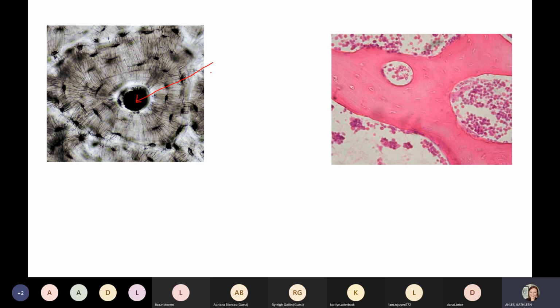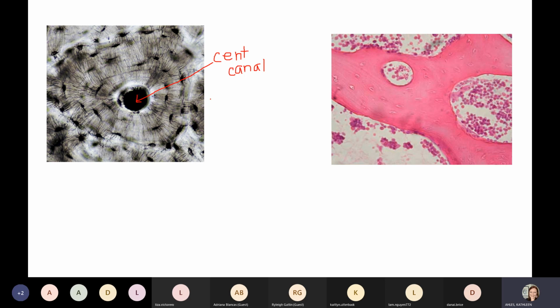These are called central canals. Central canals are where, if this bone tissue was alive, we would find blood vessels. There are lots of them on typical compact bone. Central canals are where blood vessels go into and out of the bone tissue.